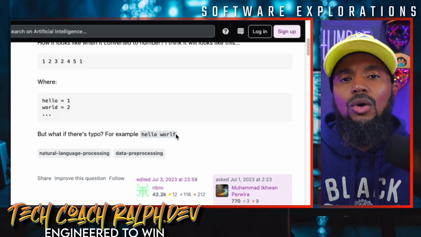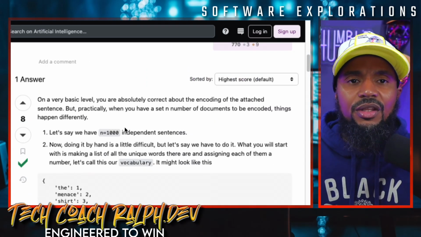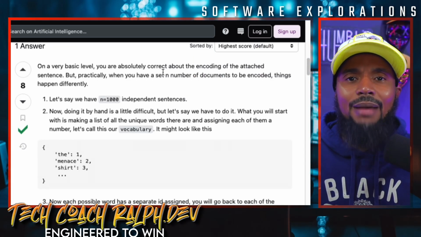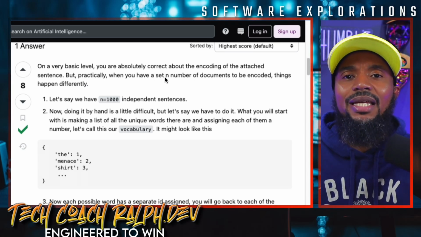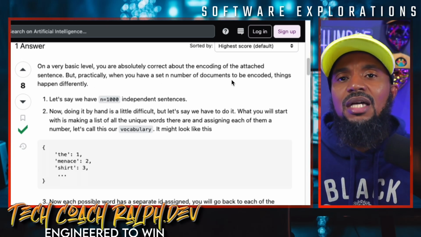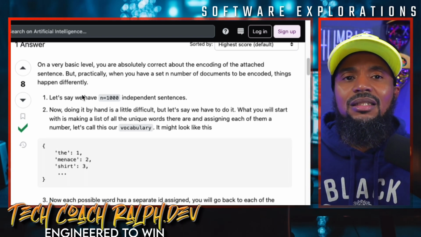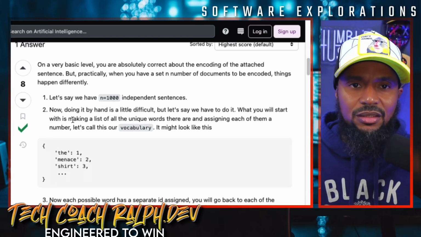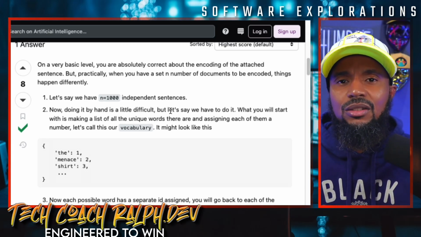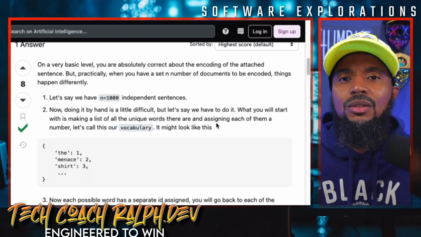So this person answers: on a very basic level, you are absolutely correct about the encoding of the attached sentence. But practically, when you have a set of n documents to be encoded, things happen differently. Let's say we have n equals 100 independent sentences. Doing it by hand is a little difficult, but let's say we have to do it.